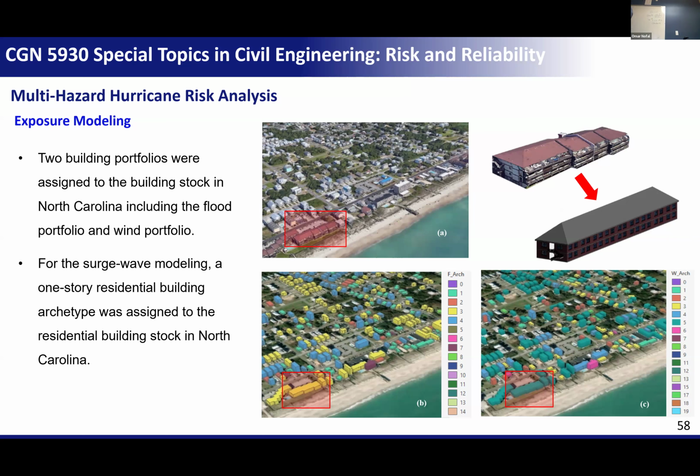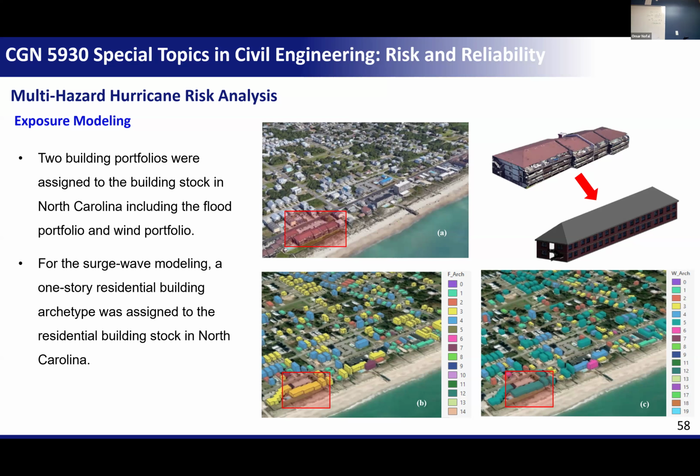But right now we have multiple fragility functions: wind, storm surge and wave, and flooding. So what we are going to do, each one of these fragility functions needs archetypes to model them. You need wind archetypes, you need surge wave archetypes, you need flood archetypes. Why?